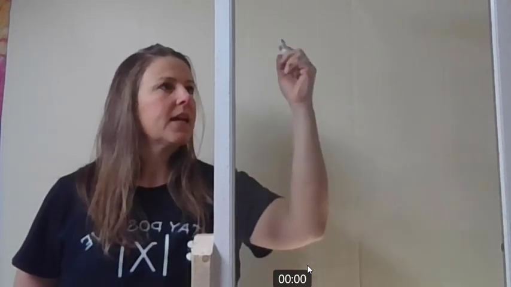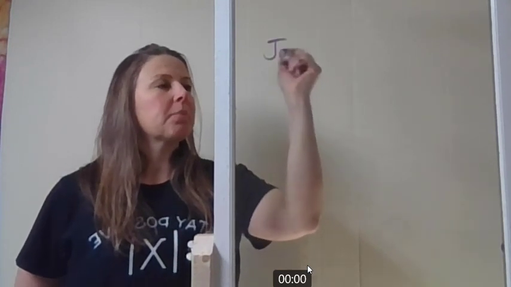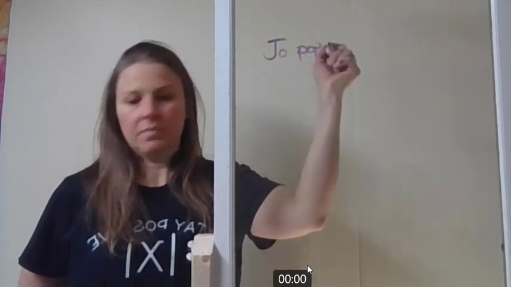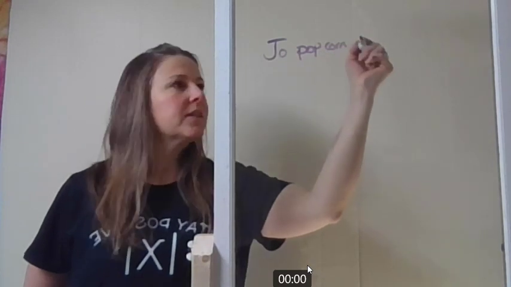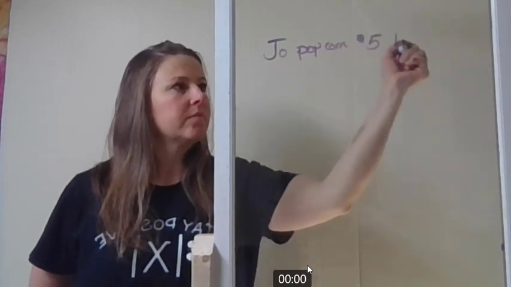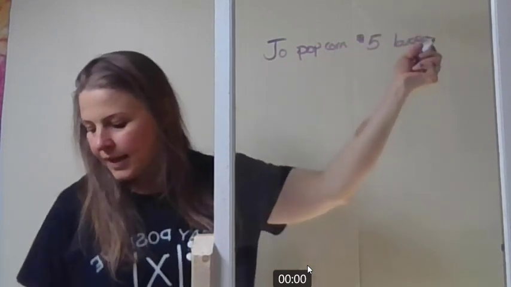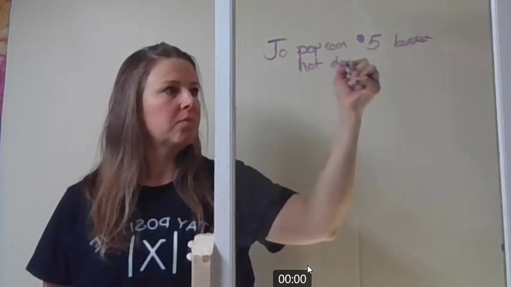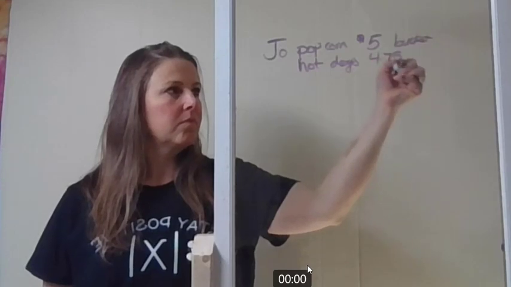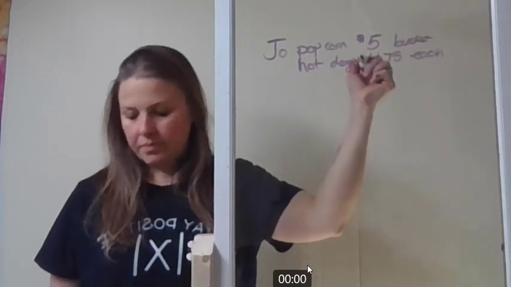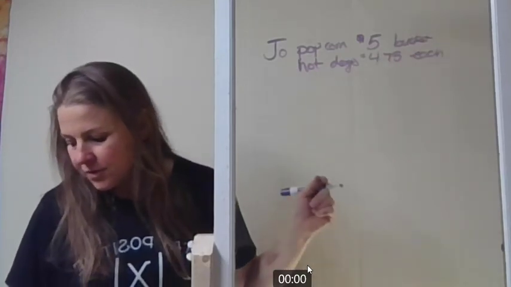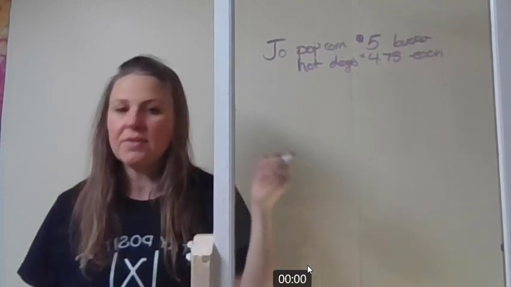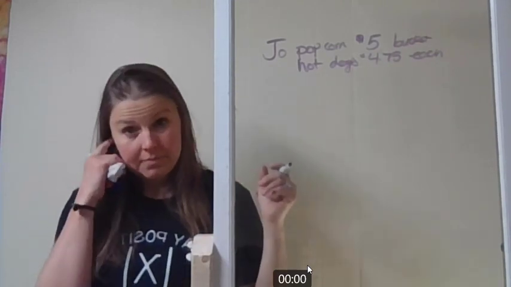Now let's think about the different reasons you would want these different forms in terms of a story. So let's say Joe is selling popcorn for $5 a bucket and hot dogs for $4.75 each.